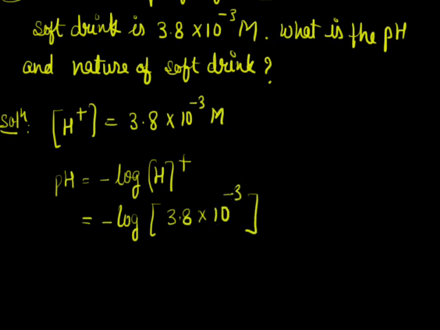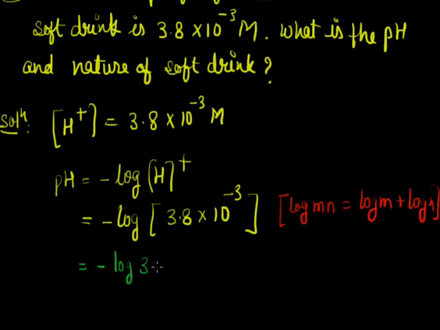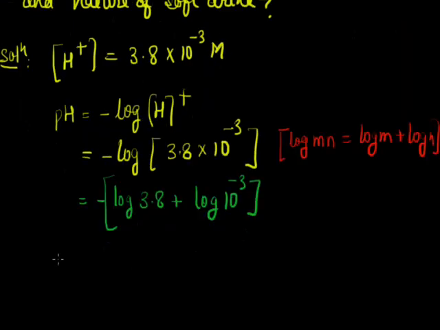Now we solve the log by applying the formula. We know that log mn is equal to log m plus log n. By applying this formula, we get minus of log 3.8 plus log 10 to the power minus 3.